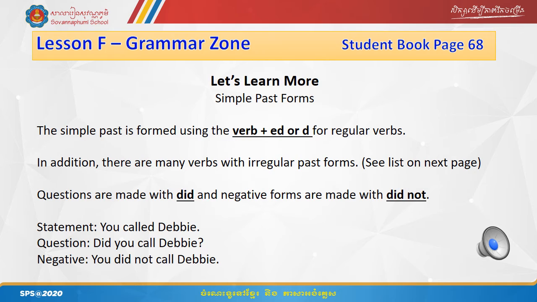To form a negative statement, you did not call Debbie. Okay, now we can just think about this a little bit. This goes beyond our lesson, but it's important for you to understand that there are three forms: statements, questions, and negative statements. Okay, let's move on.